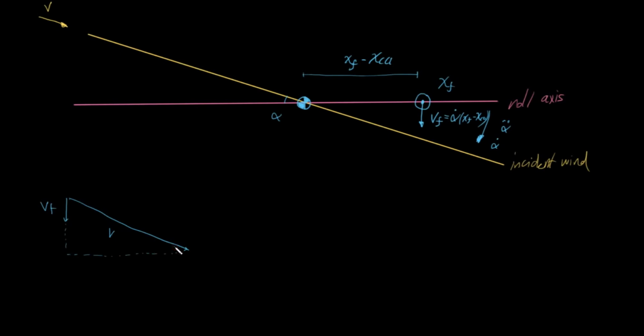So this angle here, we'll call it the geometrical angle of attack, which is defined as the angle between the roll axis and the incident wind axis. However, what the fins are actually seeing is another wind, because we have to add this velocity to this velocity.